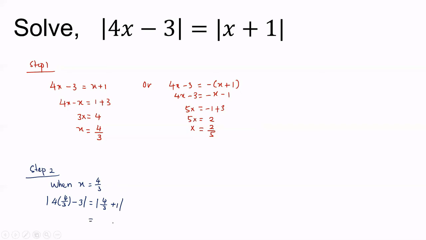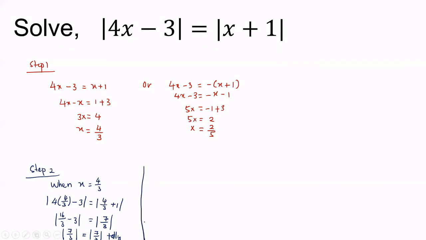All right. So now we simplify it. So the first solution is 16 over 3 minus 3, and we get 7 over 3. And on the right, which is 7 over 3. So we can say this critical point satisfies the given condition.